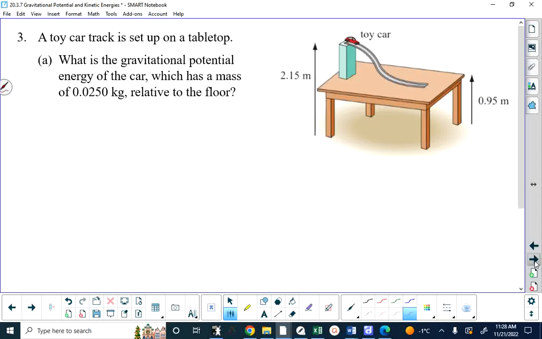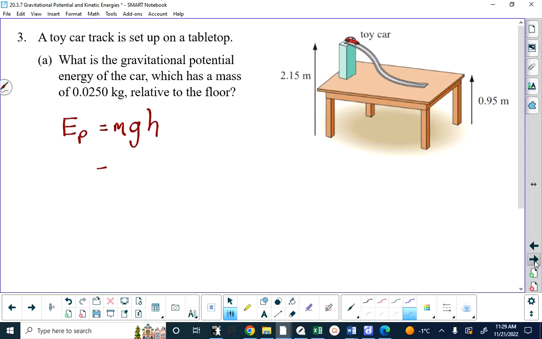Toy car is set up on the tabletop. What is the gravitational potential energy of the car relative to the floor? Relative to the floor. Well, gravitational potential energy is mgh.